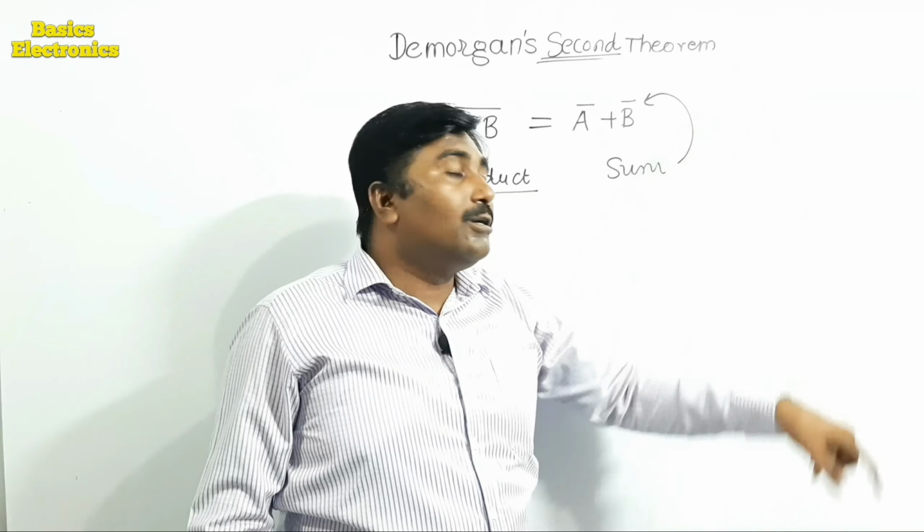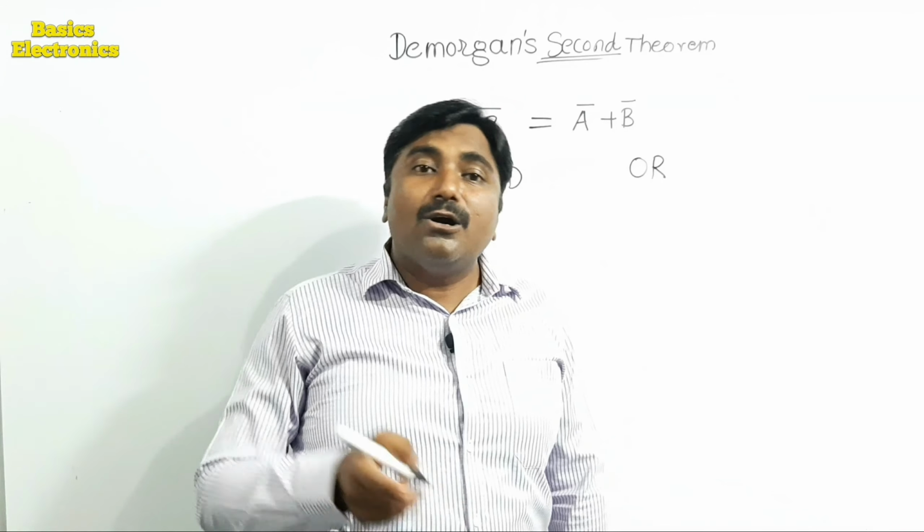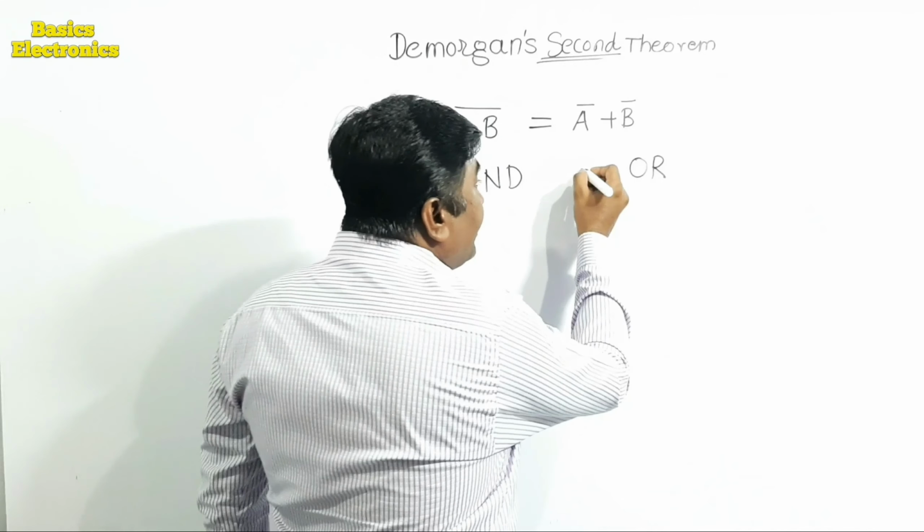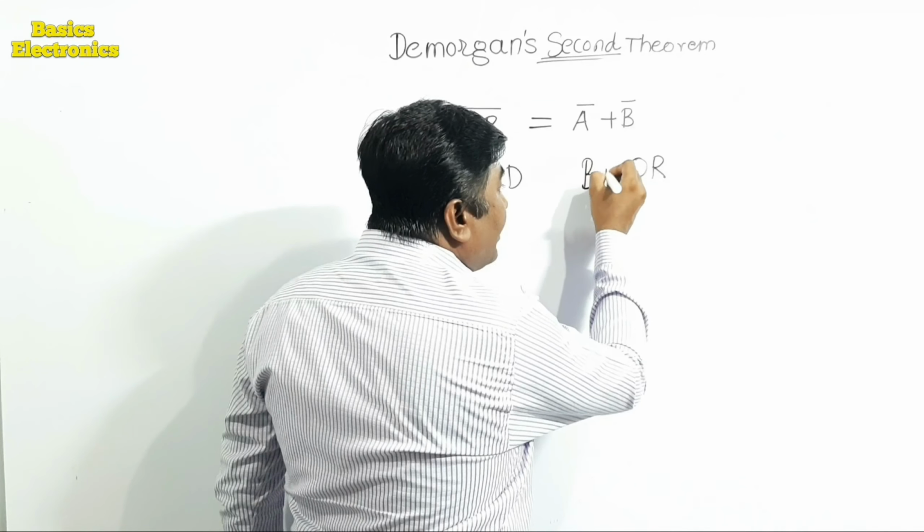But that OR gate has inverted inputs, so we call it a bubbled input OR gate. It means the NAND gate is equivalent to the bubbled OR gate.